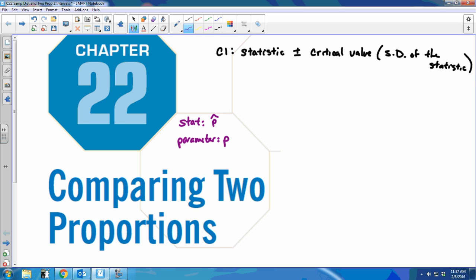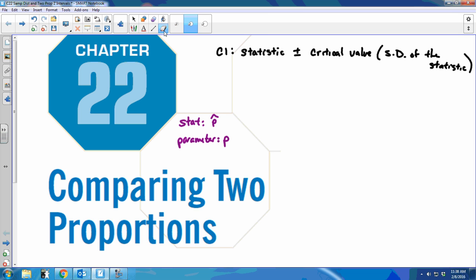What's the difference between p hat and p? P hat is based on your sample, like a survey or experiment that you did, and p is what you think is happening in the population, right?